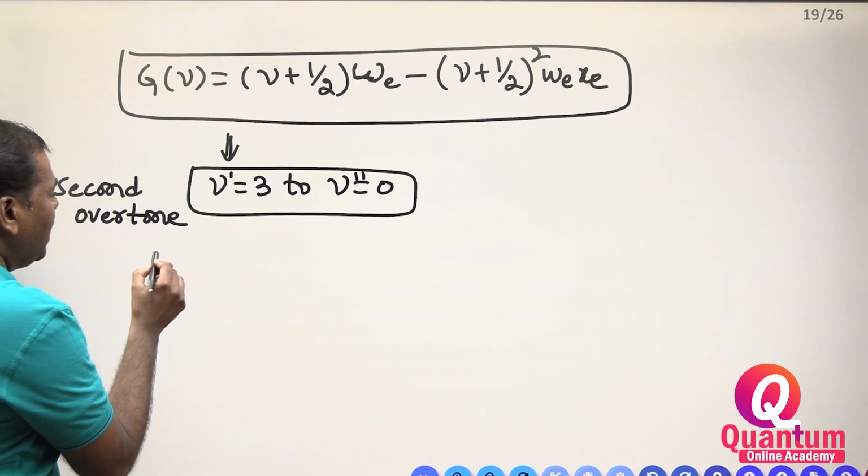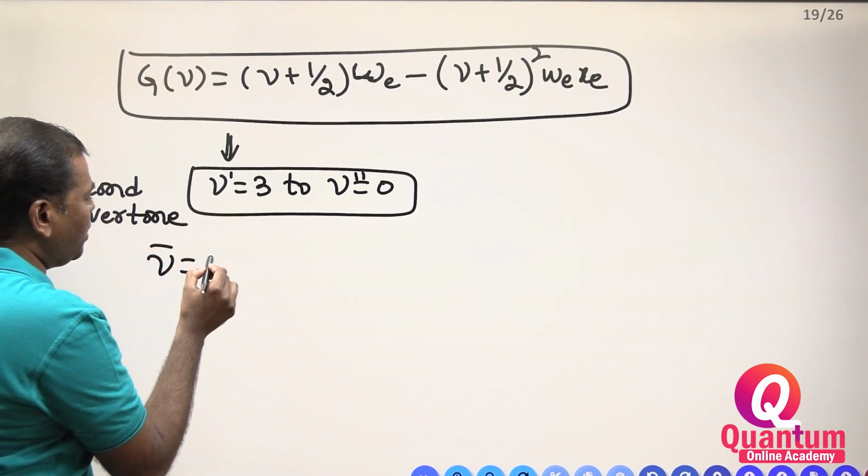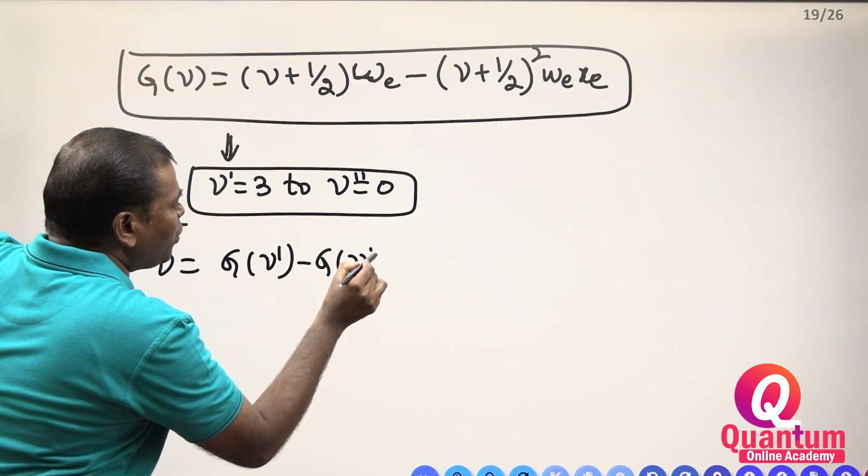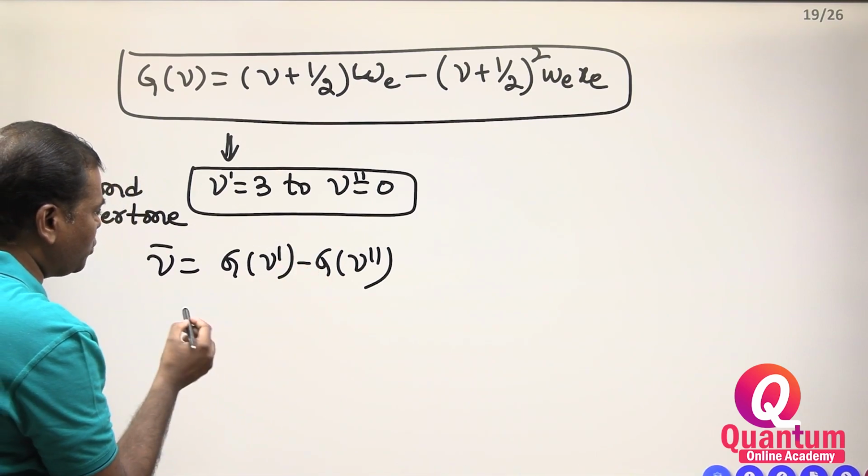How do we get it? Therefore, nu bar is equal to G of nu dash minus G of nu double dash. Now you can substitute the value.